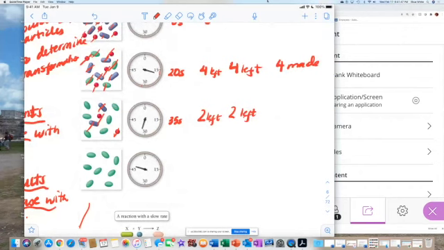And then here, how many do we have now? 1, 2, 3, 4, 5, 6. A total of 6 made. 6 aren't newly made. 2 additional ones got made, but now we have a total of 6 made, right? And then here at 50 seconds, oh, 0 reactants. The reactants are gone.